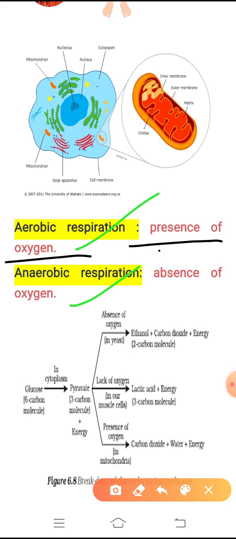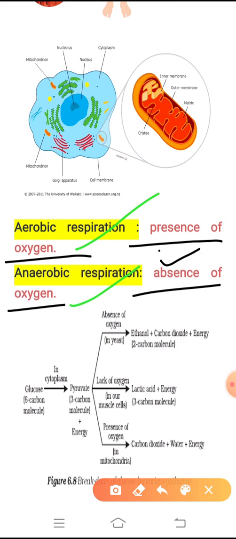What is meant by aerobic respiration? The respiration which takes place in the presence of oxygen. What is meant by anaerobic respiration? The respiration which takes place in the absence of oxygen, we call anaerobic respiration.